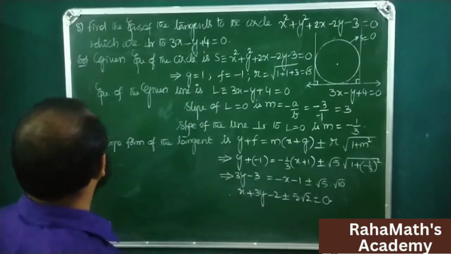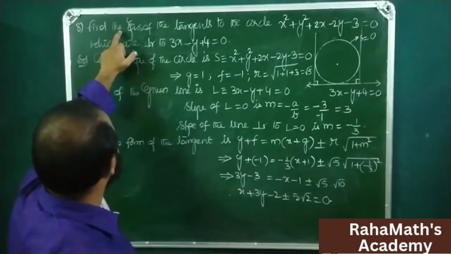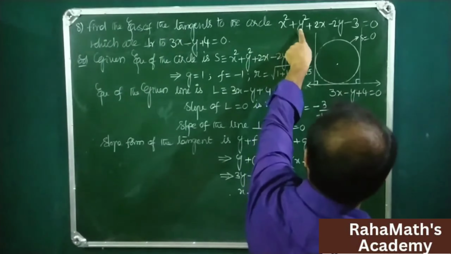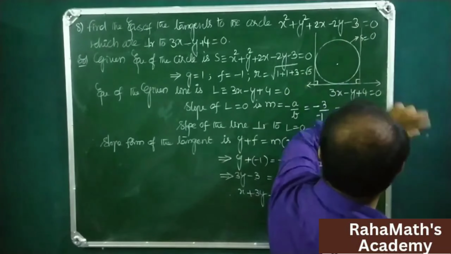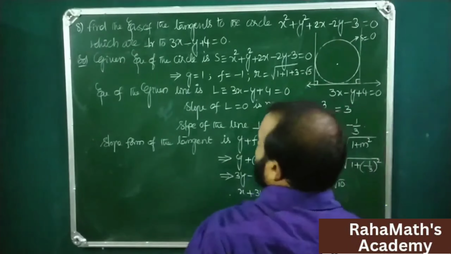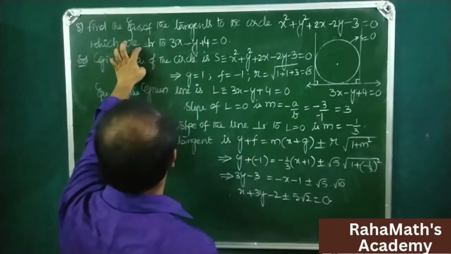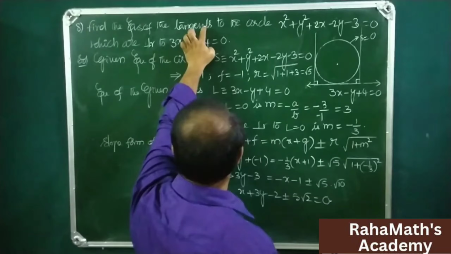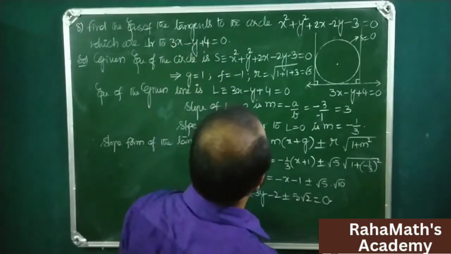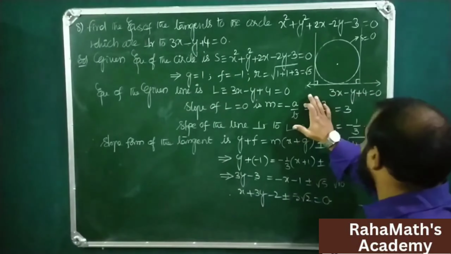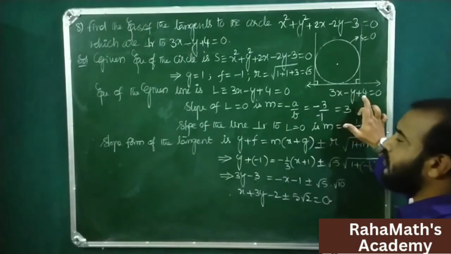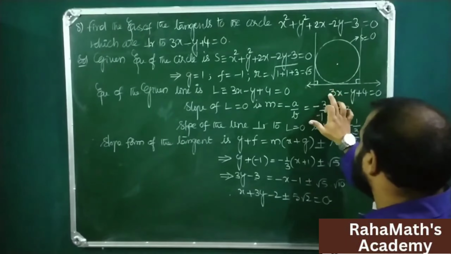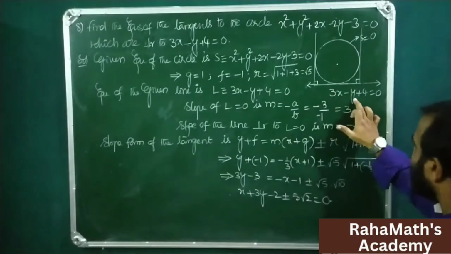The next question is a similar kind of question. Find the equations of the tangents to the circle x² + y² + 2x − 2y − 3 = 0 which are perpendicular to the line 3x − y + 4 = 0.